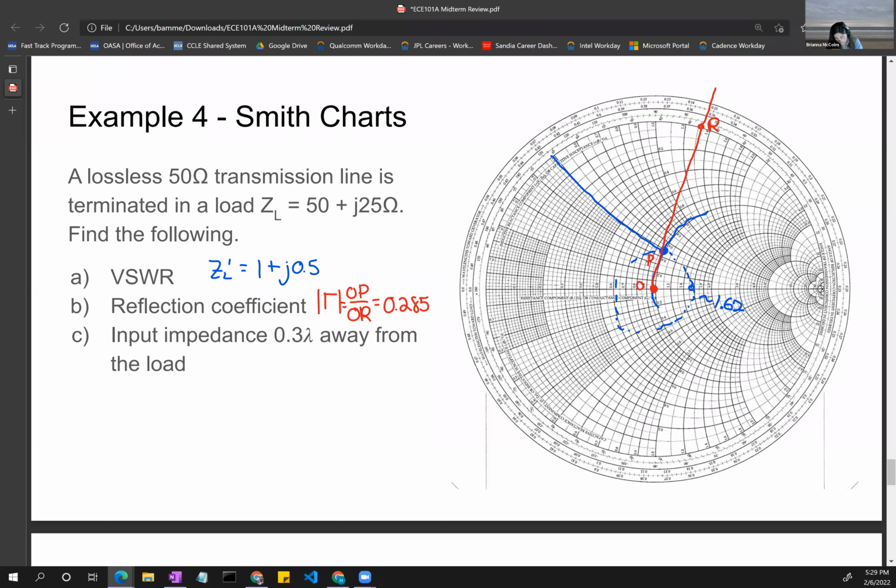It intersects between 70 and 80, so I'm calling that 75 degrees. Obviously, if you had a ruler, you could look at the chart and get a more precise bearing on where that intersection is. Okay, so that's how I found theta.